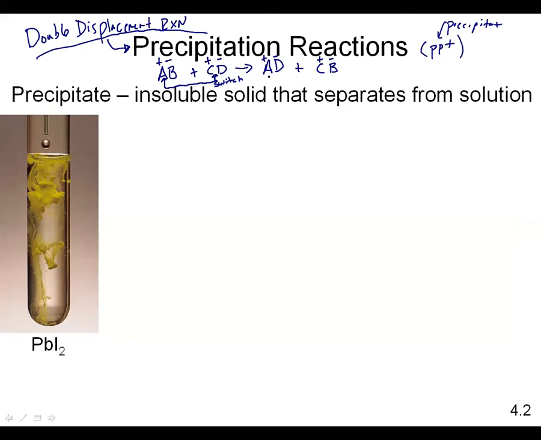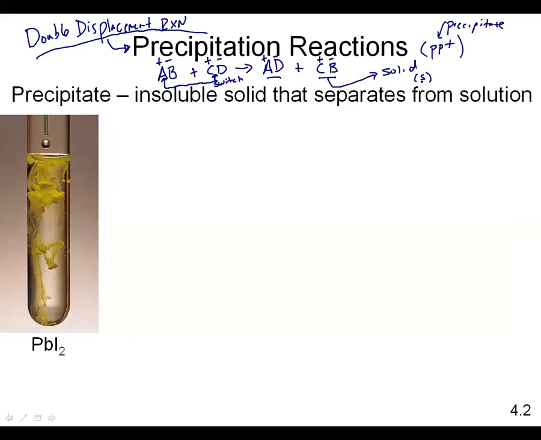When this switch occurs, usually one of these, could technically be two, but usually one, will make a solid. And that is how you know that this is a precipitation reaction. Obviously a precipitation reaction would have to make a precipitate that basically is a solid.